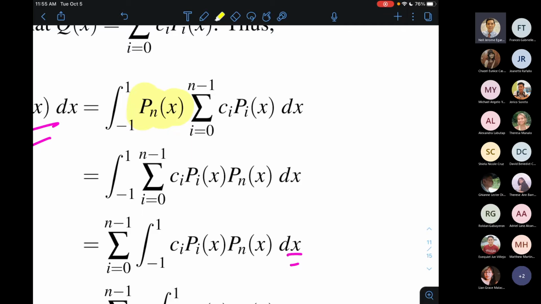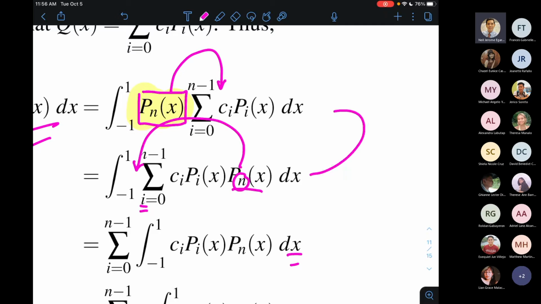Dahil hindi siya dependent dun sa index ng summation, this can be treated as a constant with respect to the summation. So this can simply go in the summation, katulad nito, kaya nakapasok si P sub n. And in the same manner, dahil si P sub n ay hindi nagde-depend sa index i, pwede siyang lumabas ng summation. So that's why these two guys are equal to each other.